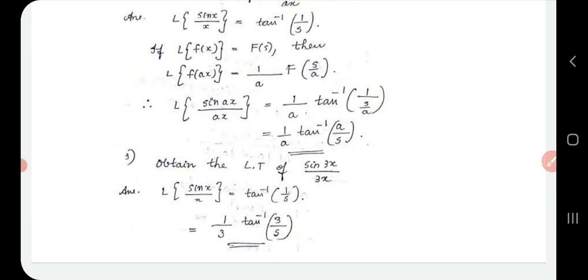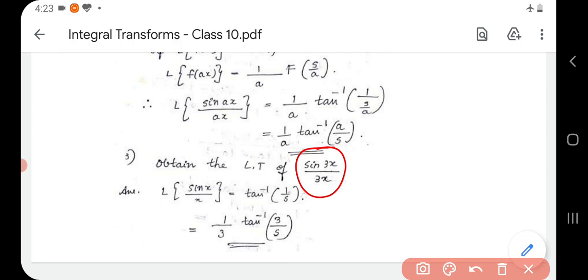That is, if you are given a question like this, you first identify that this is of the form sin ax by ax. Laplace transform of sin ax by ax is 1 by a tan inverse a by s. Here your a is 3. So this answer will be 1 by 3 tan inverse 3 by s. Okay, so study this formula also.